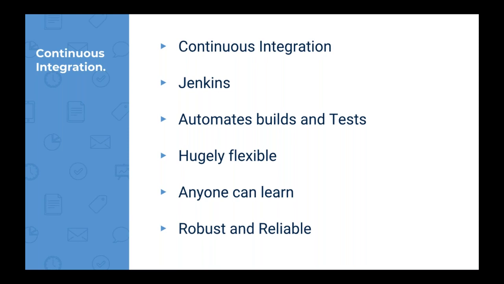Because of all these reasons, Jenkins is more or less the default standard for quite a lot of domains when it comes to continuous integration or continuous delivery or the overall DevOps pipeline. And that is what we would be using right now to show a continuous integration pipeline demonstration.